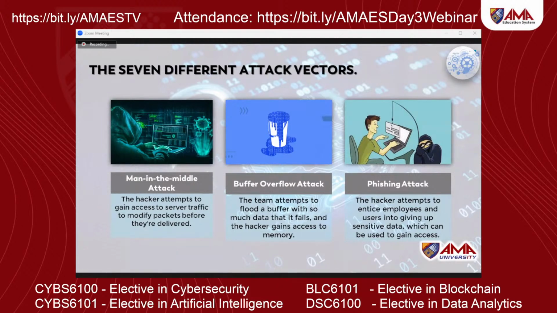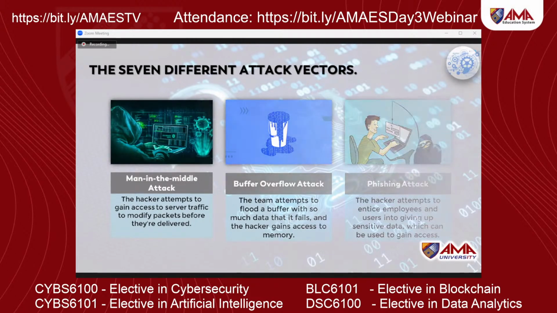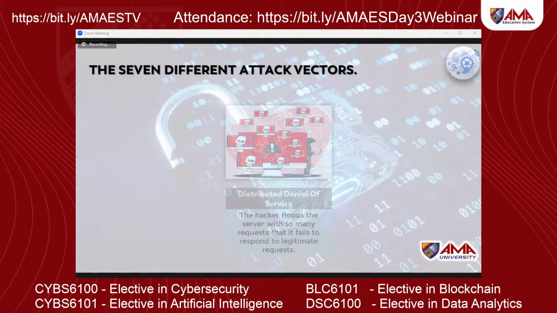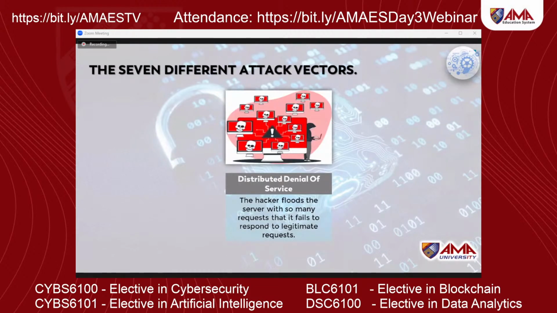Very most example ng phishing, of course, is sending you email na katulad ng talagang legit na email, and then will divert you into link that will then prompt you to enter your username or your password.